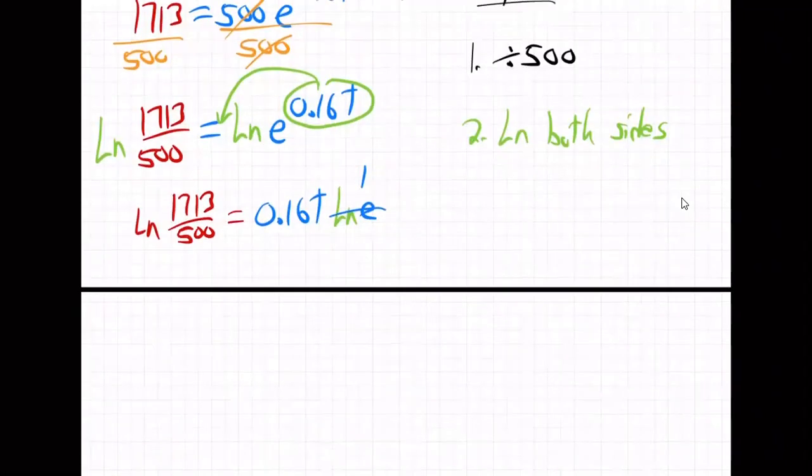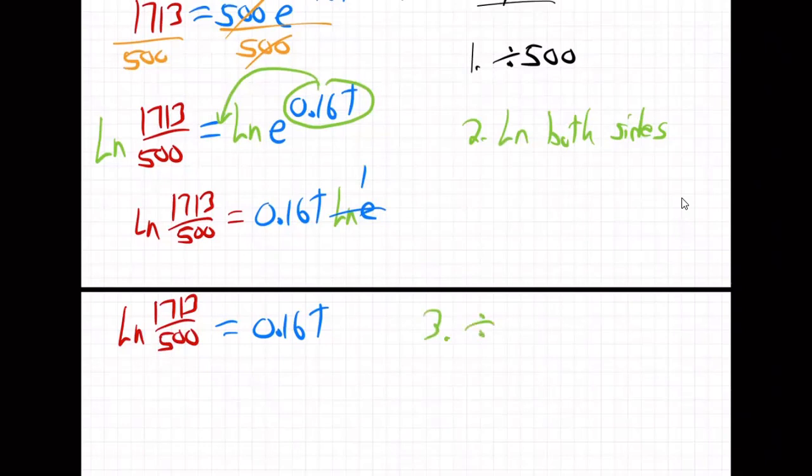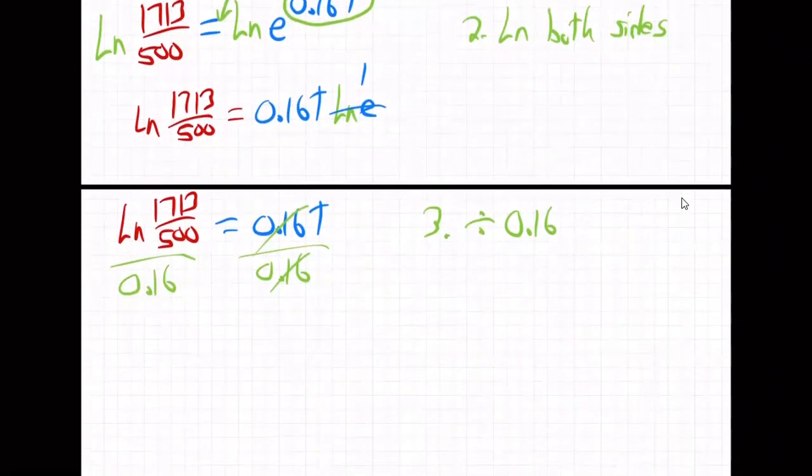That's just gone, huh? So we really just get 0.16 t. And say ln 1713 over 500. And then last step, divide by the 0.16 on both sides. Because now the t's out of power, it's no big deal. Just divide. Hit the buttons on your calculator.